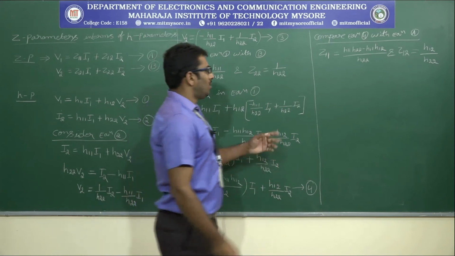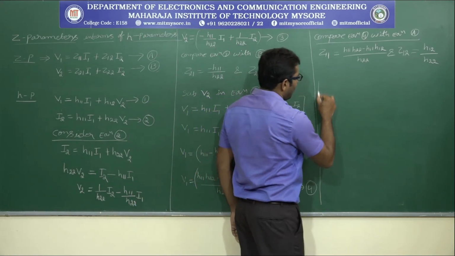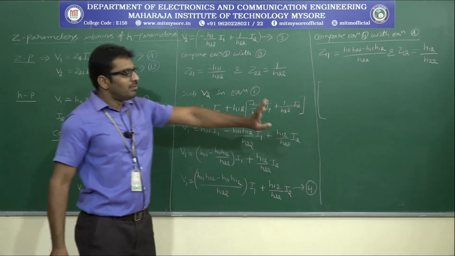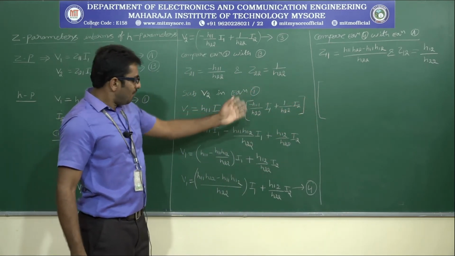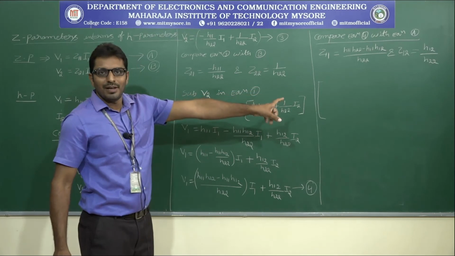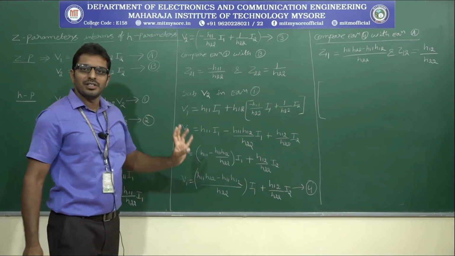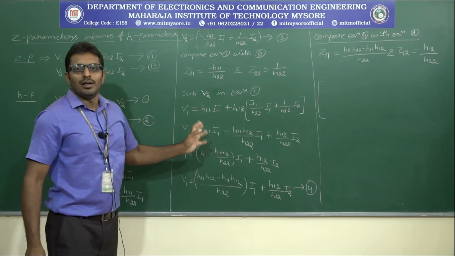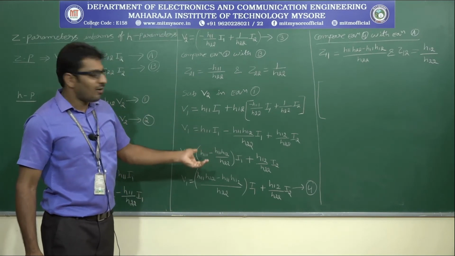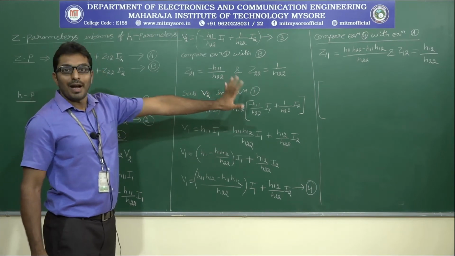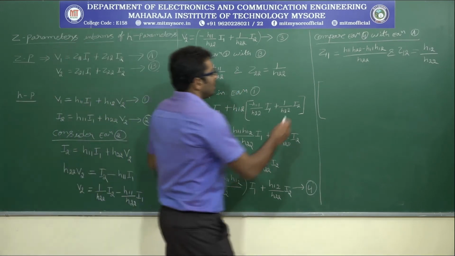Is that clear? Now, how can we write it in the matrix form? Don't forget to write this in matrix form, because during the evaluation, by seeing that last step in the matrix form, directly we can come to the conclusion whether this interrelationship is exactly wrong or right. Don't forget to write it in the matrix form at the end.